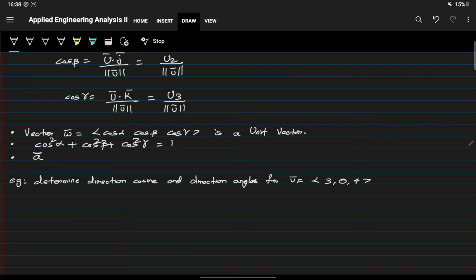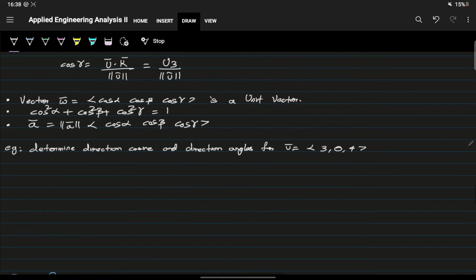And the vector w is made of cos alpha, cos beta, and cos gamma. Vector A is also provided by the magnitude of A multiplied with the vector w.